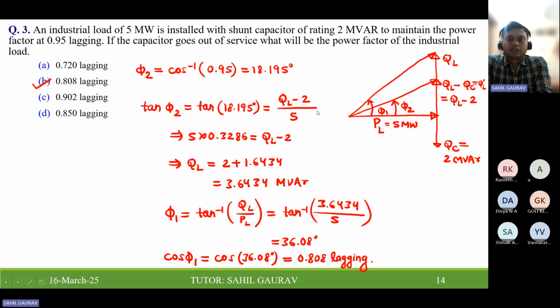Now tan phi 2 you can write as perpendicular upon base. Perpendicular is QL minus 2 and base is 5 megawatt. So you will get QL in MVAR, 3.6434 MVAR.